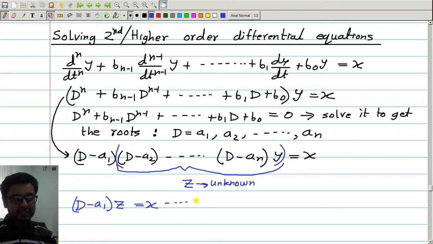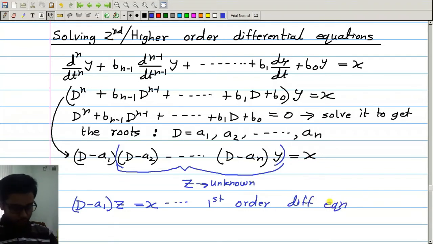Now this is a first order differential equation, and we know how to solve a first order differential equation given x. X is the input that is given, so we can solve for z.